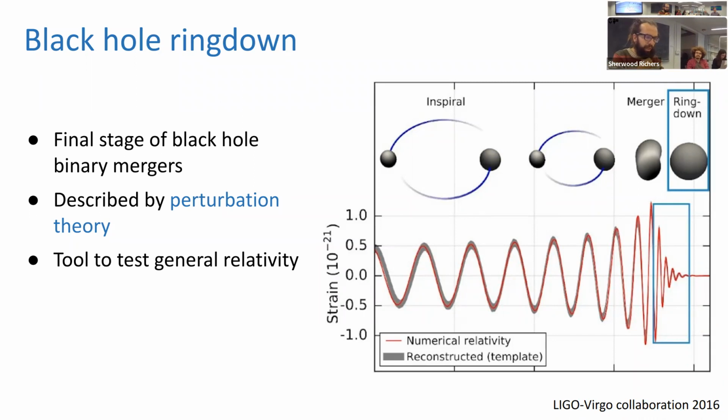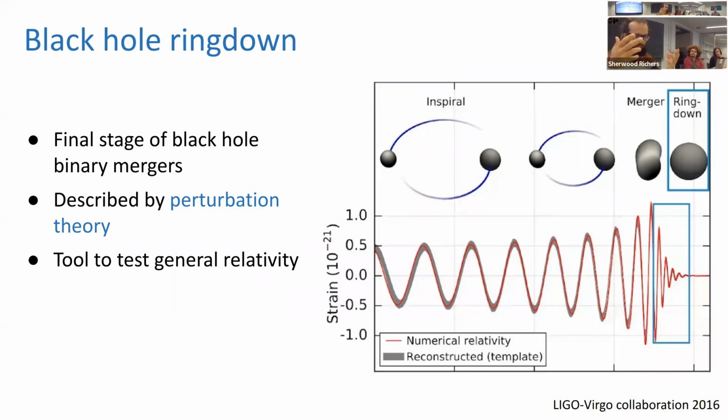And since now with LIGO, Virgo, and KAGRA in the next observing run, we will increase the sensitivity in seeing gravitational waves. It will be possible to actually do deep tests of general relativity using the ring down only part.